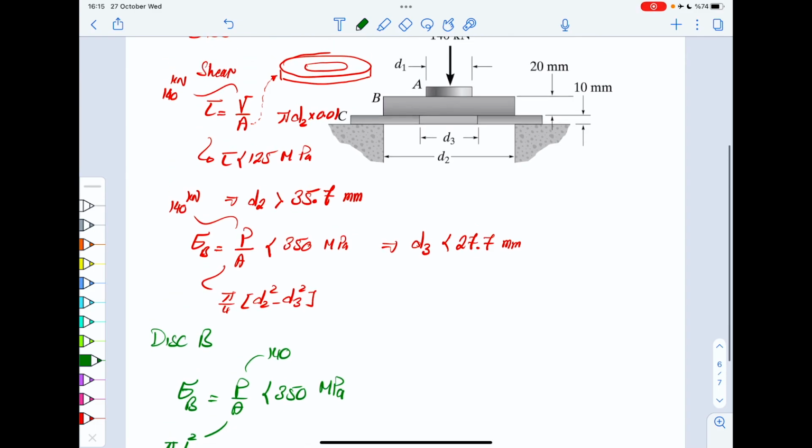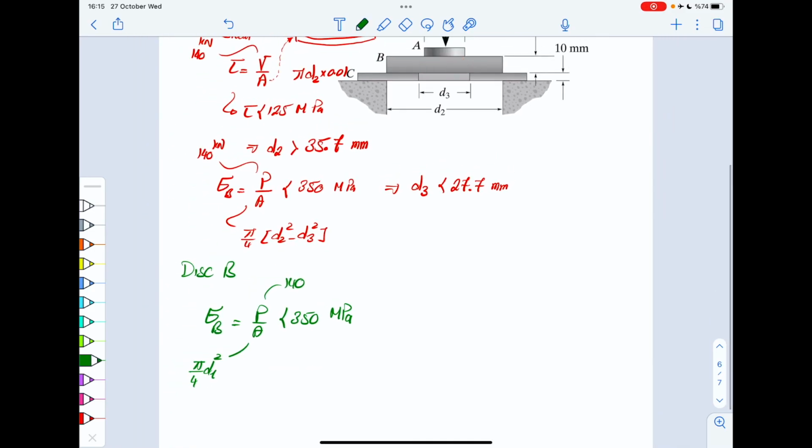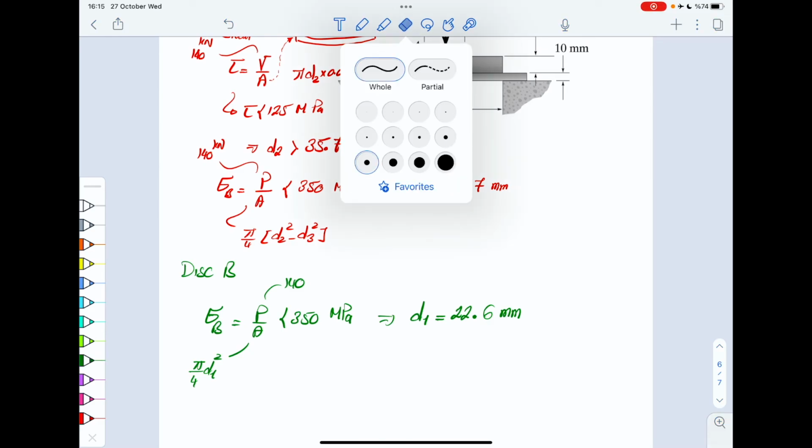So this is d1, because this is the area that that force will be working on. And from that, you can immediately get d1 to be 22.6 millimeters, or again, larger than that.